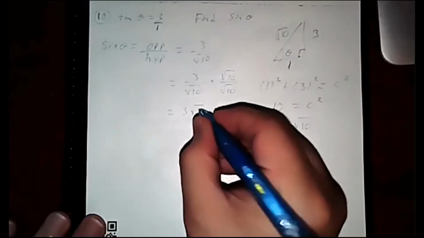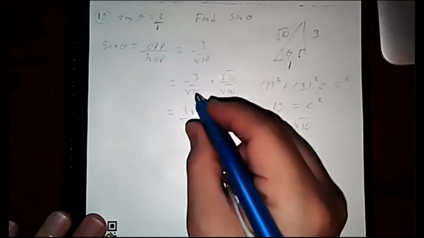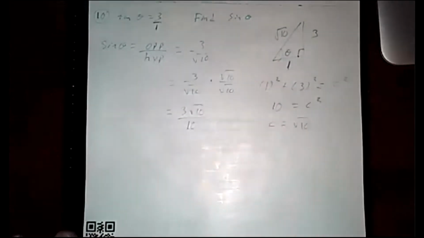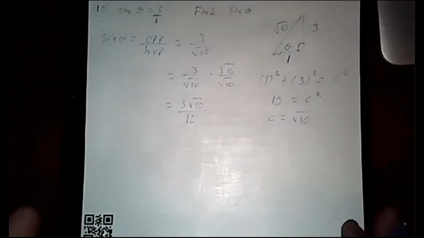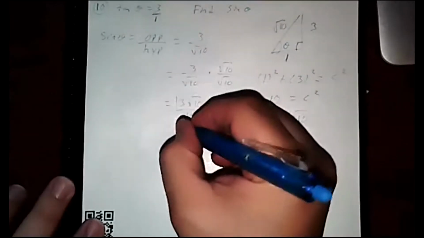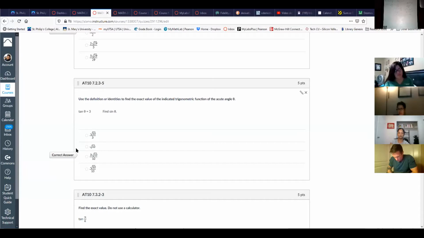So you'll have 3 times root 10 over square root of 10 times square root of 10, which is square root of 100, which is 10. The square roots cancel out. So this will be sine, and that's what they have here.